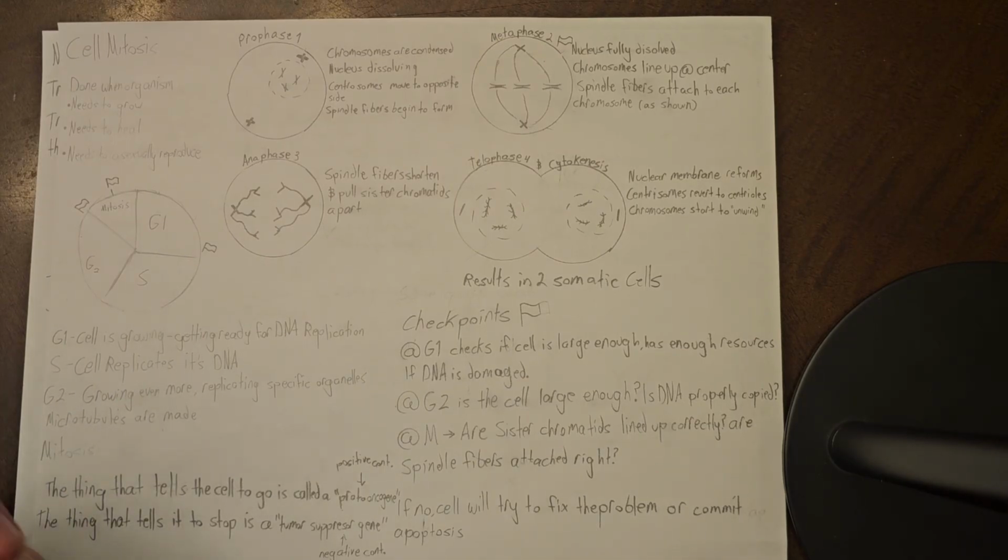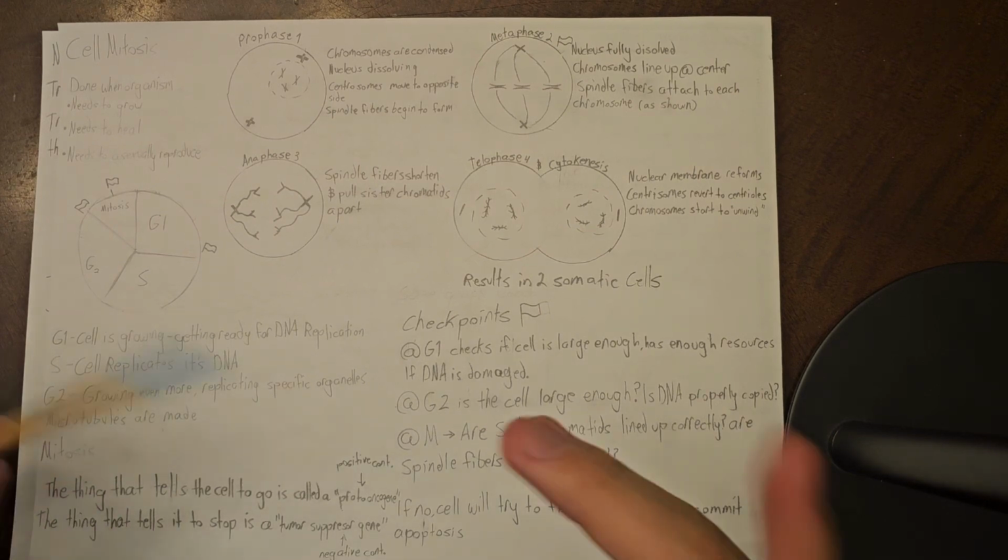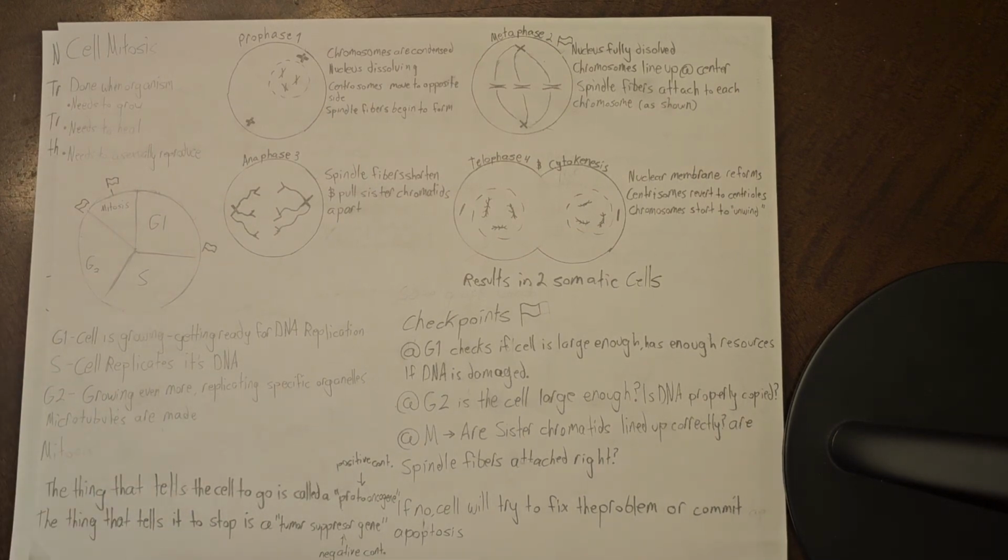Then there's another one at G2, where it asks itself again, is the cell large enough, and is the DNA properly copied? If not, it will try to fix it. Then with the last one at metaphase, are the sister chromatids lined up correctly? Are the spindle fibers attached right? If the answer to any of these questions is no, the cell will try to fix the problem or commit apoptosis, which is like cell suicide.